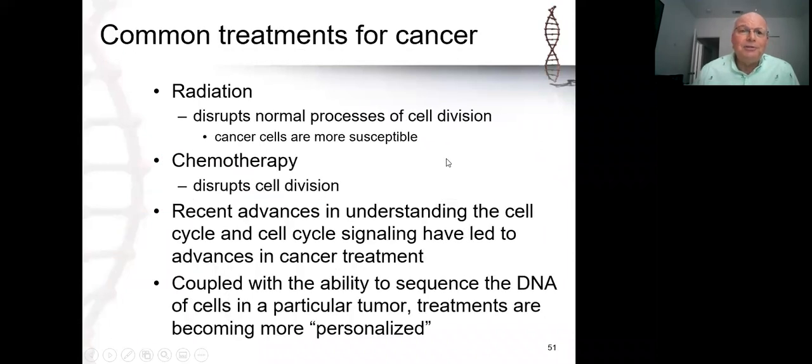Now, if the cancer metastasizes so that the cells are now, or tumors now growing in other locations, then you may have to use not a targeted type of chemotherapy, but a more systemic type of chemotherapy, meaning that it circulates throughout the body and kills the cells wherever they're located.